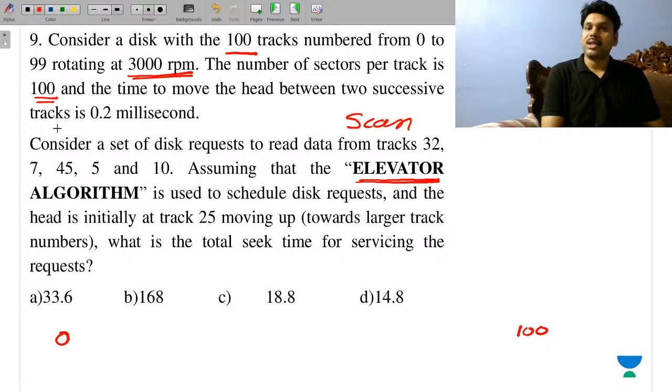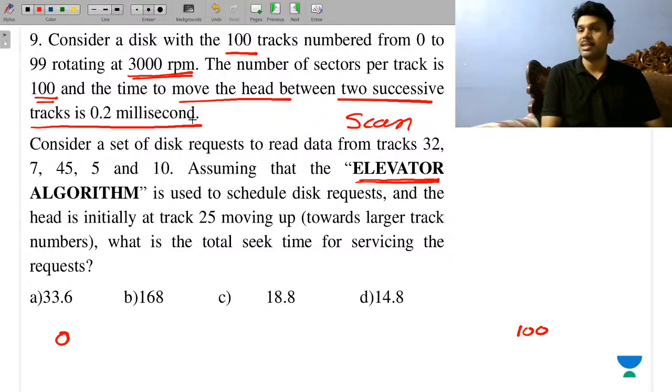The number of sectors per track is 100 and the time to move the head between two successive tracks is 0.2 milliseconds. So from one track to another track, it takes 0.2 millisecond to move.